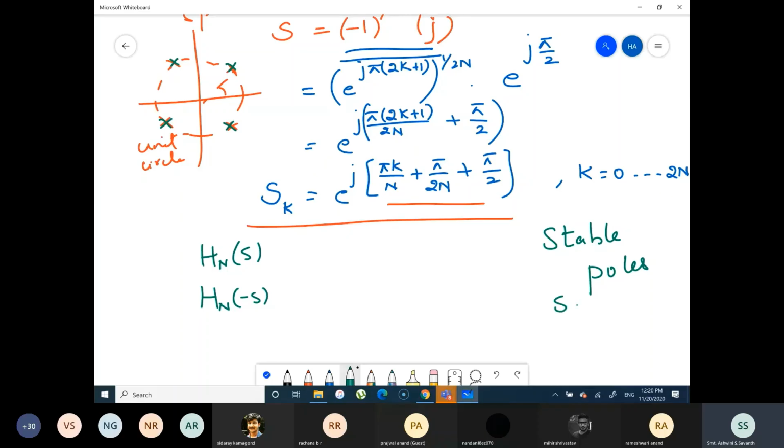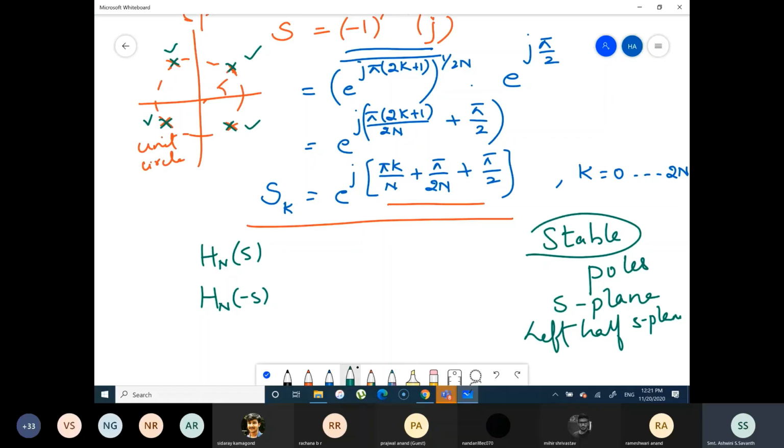Now, in an analog filter, in the S-plane, what is the condition for stability? The poles should lie on the left half of the S-plane. So now here you have two sets of poles: poles lying on the left half and poles lying on the right half.